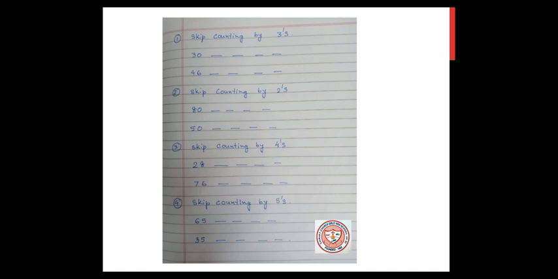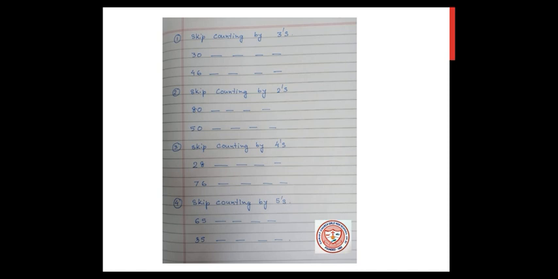Now, we can sum up skip counting by knowing that skip counting is when a number is increased by the same value each time. To skip count, you add the same number over and over.